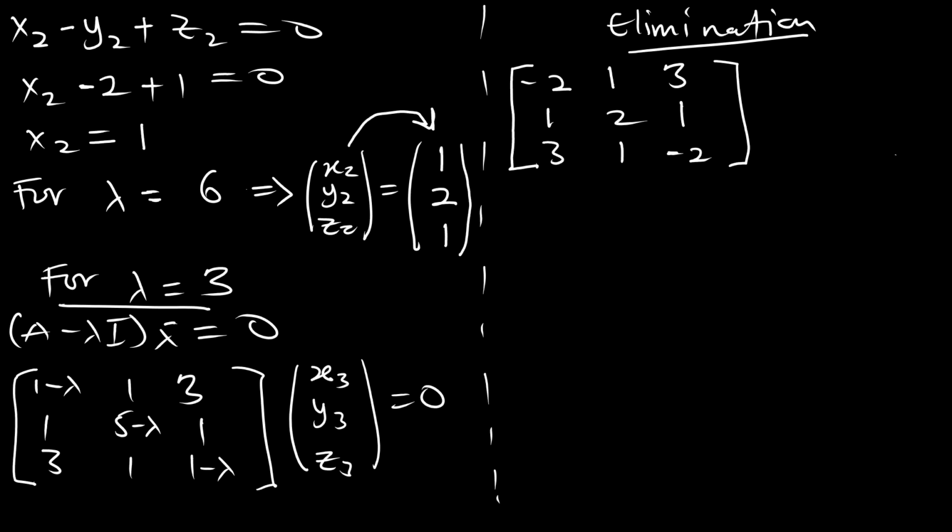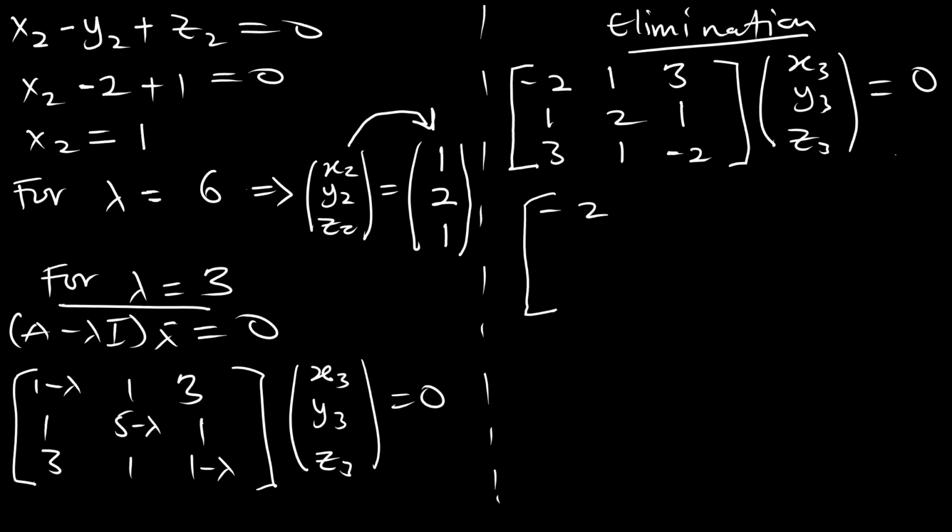That is going to multiply x3, y3, and z3. Everything should be equal to 0. So now we want to combine everything, that is negative 2, 1, 3 going into 0, 1, 2, 1 going into 0, and 3, 1, negative 2 going into 0.